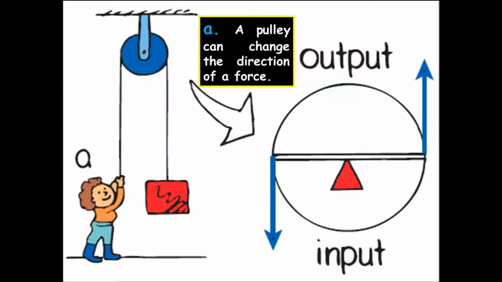So they're going in opposite directions. You pull down, and the load goes up. So input is down here, output is up. But there's no difference in distance. The input and output forces are the same, as well as distances.